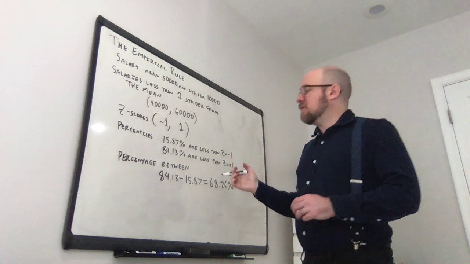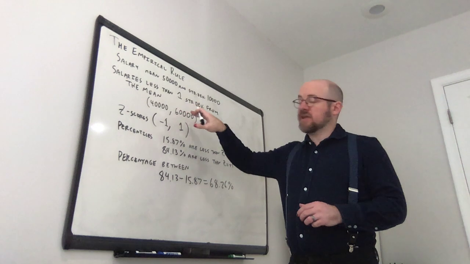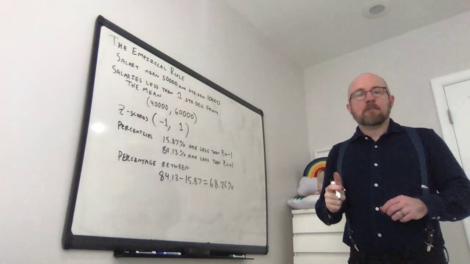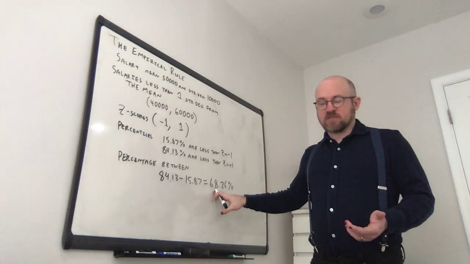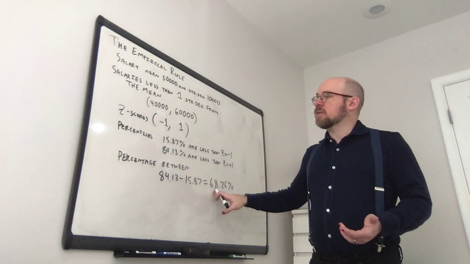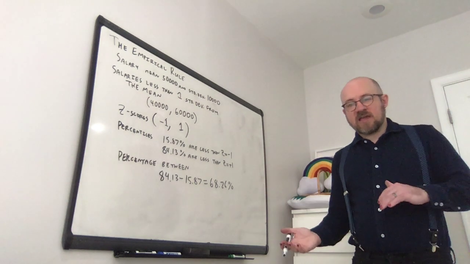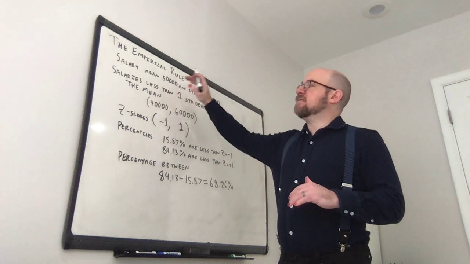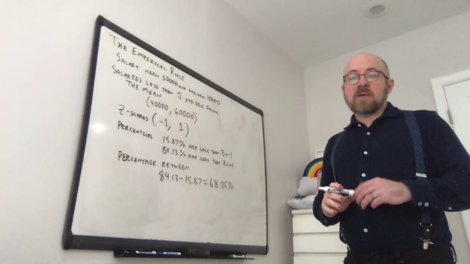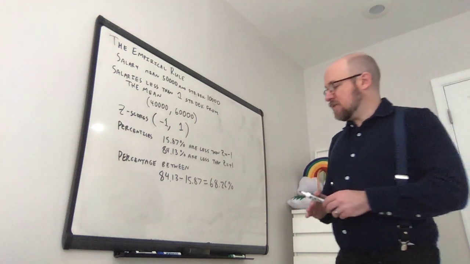In this problem, this tells us that 68% of the salaries are going to be between 40,000 and 60,000. But in general, 68.26% of the values are going to be between one standard deviation below the mean and one standard deviation above the mean. The mean and the standard deviation determine the values, but the percentage is always going to be the same.